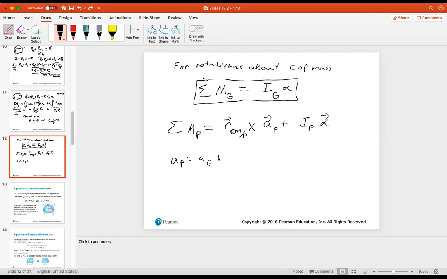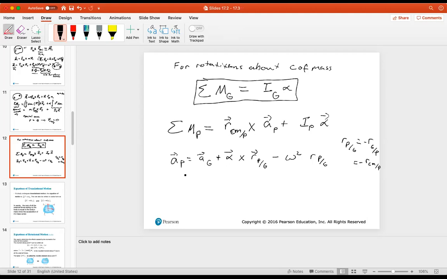This would be plus alpha cross R PG minus omega squared times R PG. Remember, R PG would be minus R GP, which I was calling R CMP, so the vector to the center of mass.